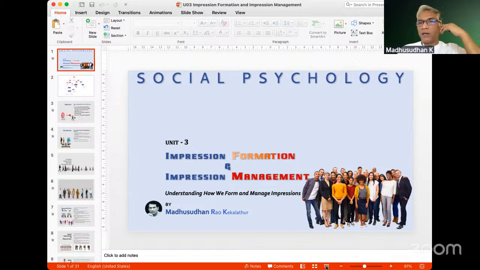Knapp and Hull and Horgan defined it in a different way, like how you form impression with the help of verbal, non-verbal cues, how they present themselves, how they talk, how they dress up, and how are their gestures, their ethnicity, their gender, race, cultural exhibits, what they are doing. All these things form an impression.